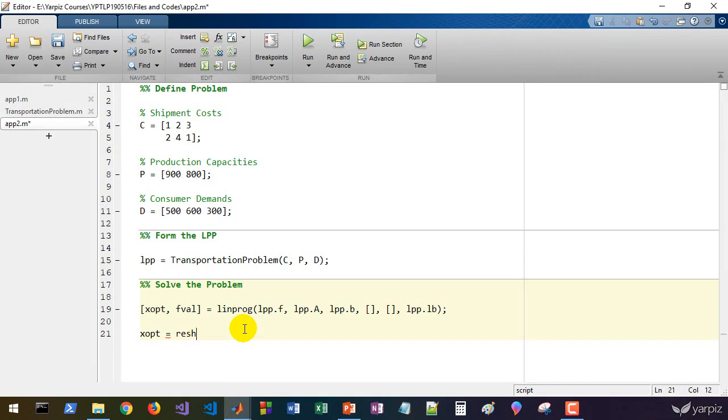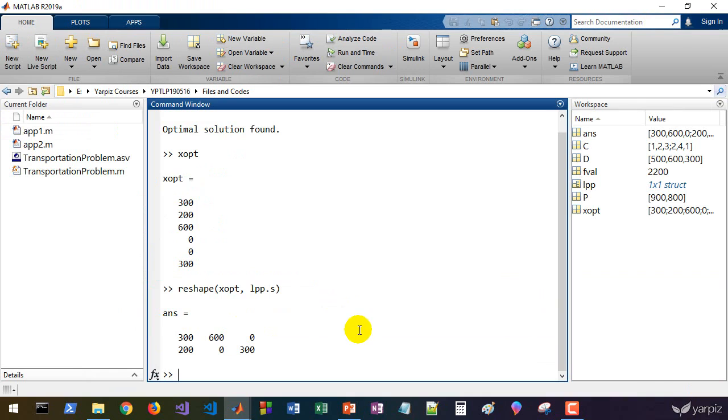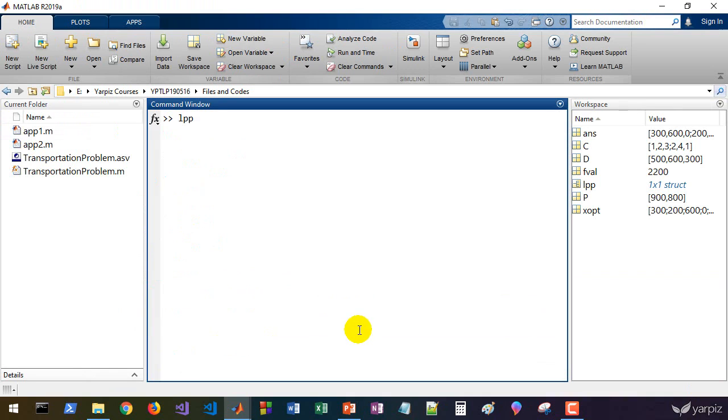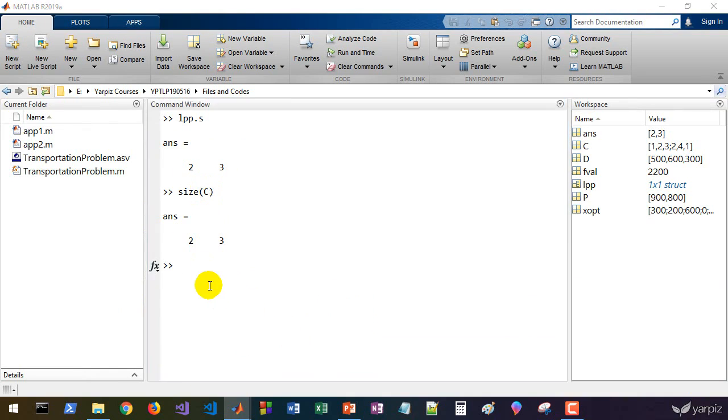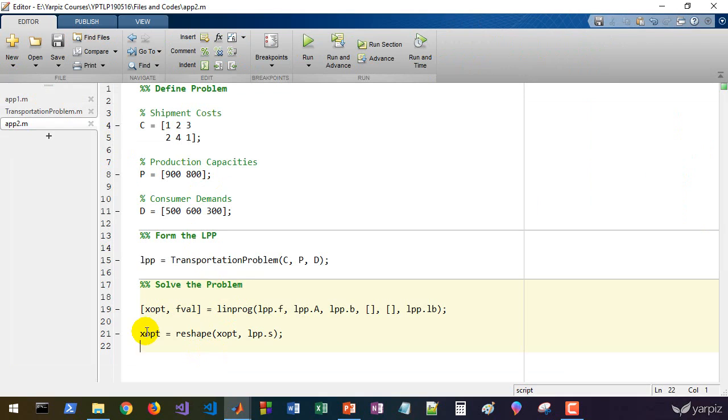Xopt equals to reshape xopt to lpp.s, and lpp.s is the size of our matrix 2 and 3, our cost matrix. And this reshape converts back the flattened solution vector to the matrix form.